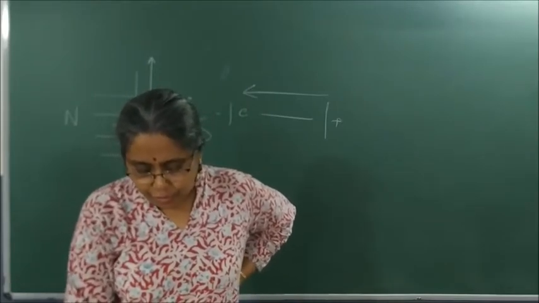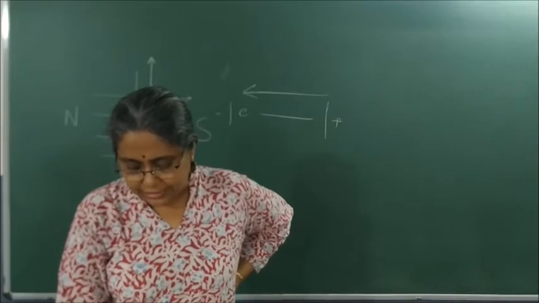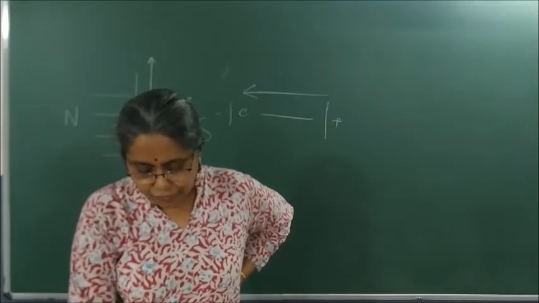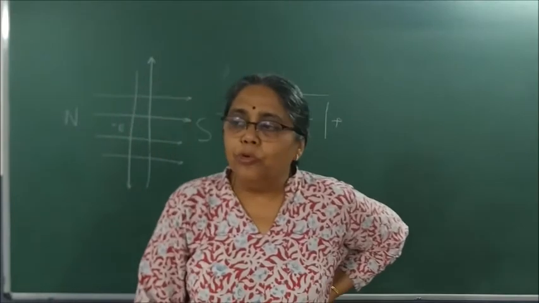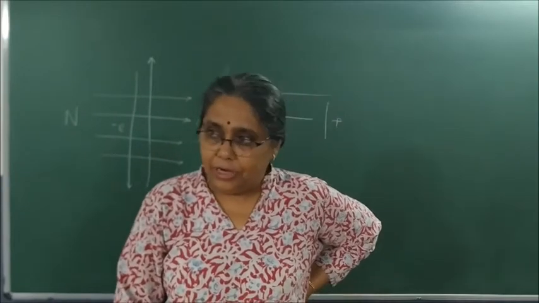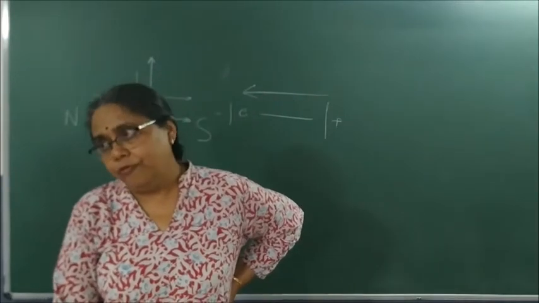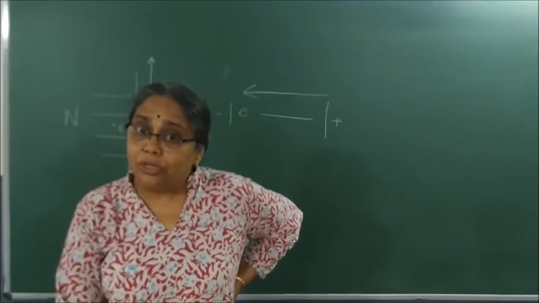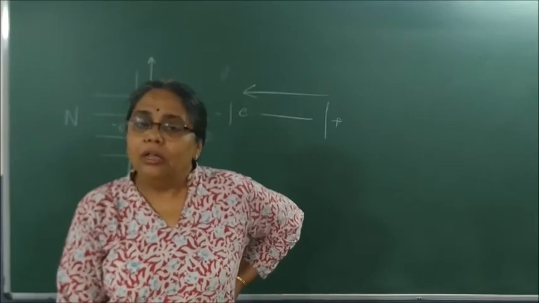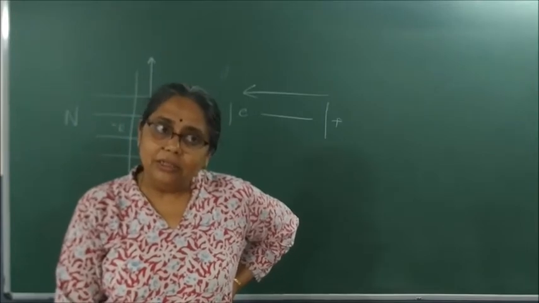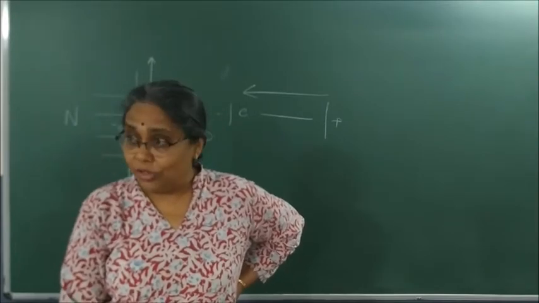Which of the following property of a proton can change when it moves freely in a magnetic field? See, when it moves freely in a magnetic field, it experiences force. What is force? A product of mass into acceleration. So, what is acceleration? Rate of change of velocity.